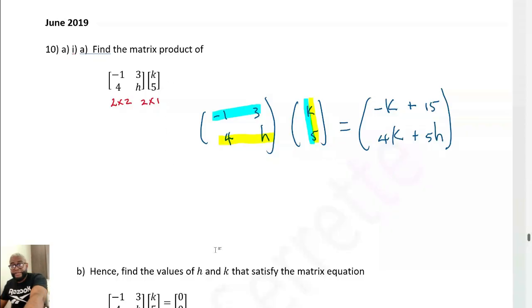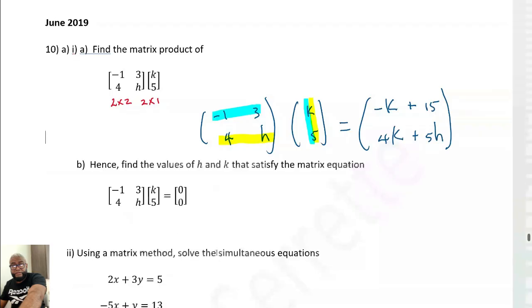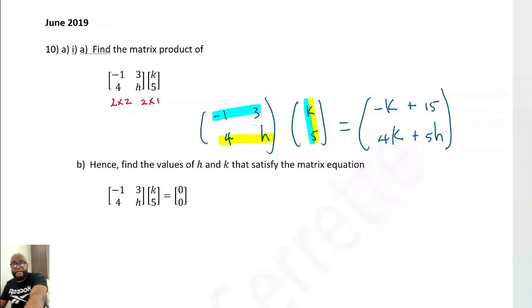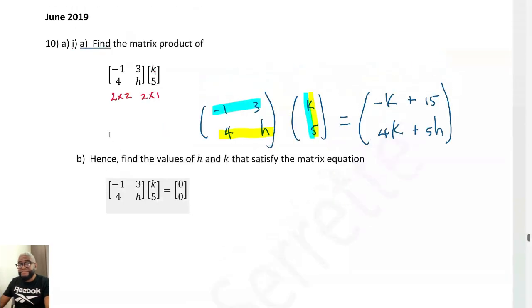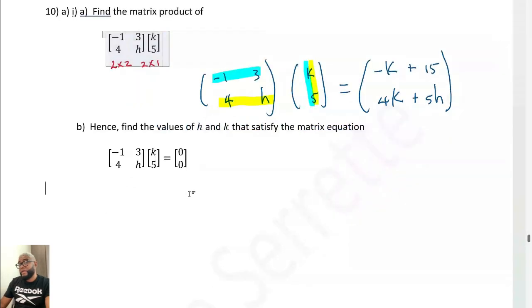So let me see what it wants us to do next. They said, hence. Once you see hence, you're using the answer from the part you just did. Hence, find the values of h and k that satisfy the matrix equation, which is what they just gave us here, equal to 0. But we just calculated what this is.